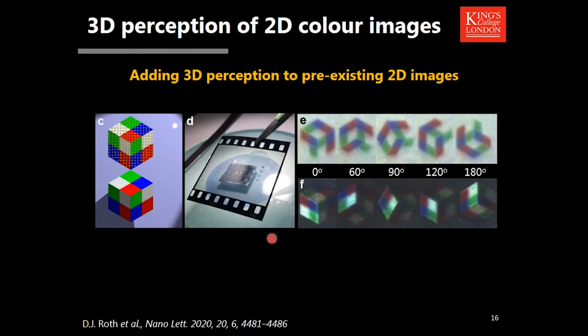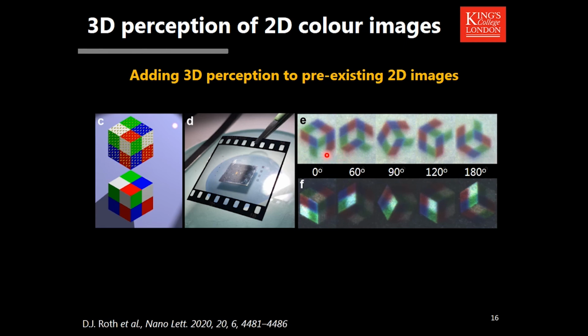So the last experiment we did here was to try to add 3D perception to pre-existing 2D images, and to do so we printed this cube checker pattern onto this transparent slide, as you can see in this middle image. Here you can see the cube for different angles of rotation, where of course you don't see any 3D effect.